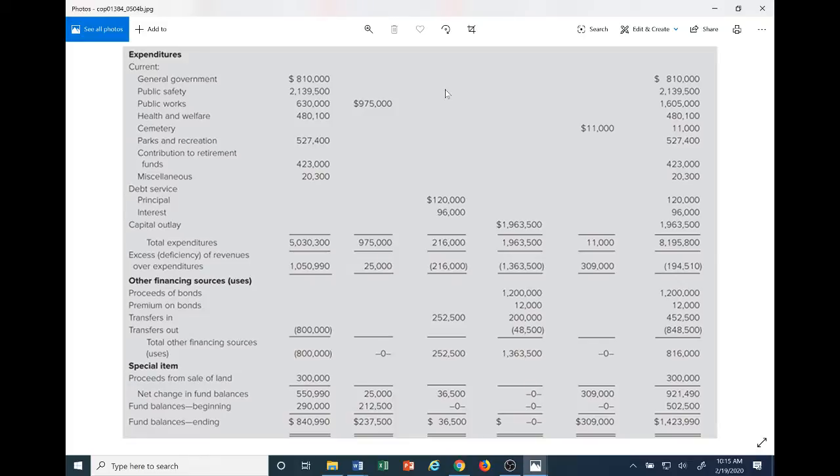We can either spend on current stuff, which is going to be like your general government, public safety, public works, current activities, right? Or we could be paying debt. So debt service, and if it's debt service, then there are only two things we're going to account for: principal or interest.